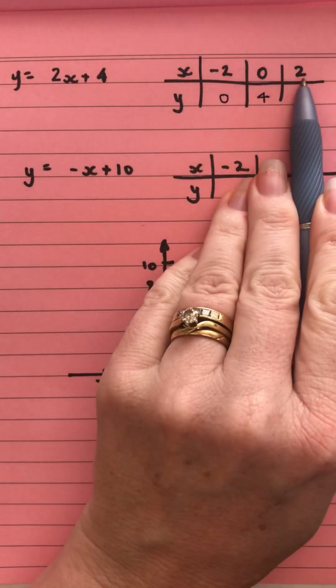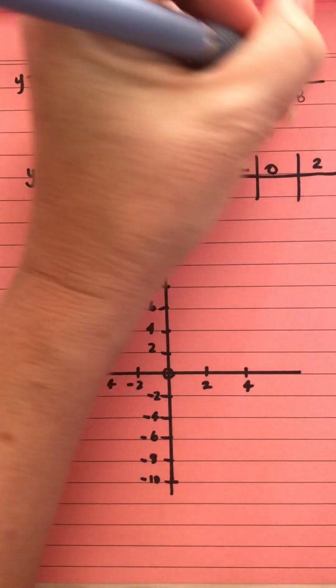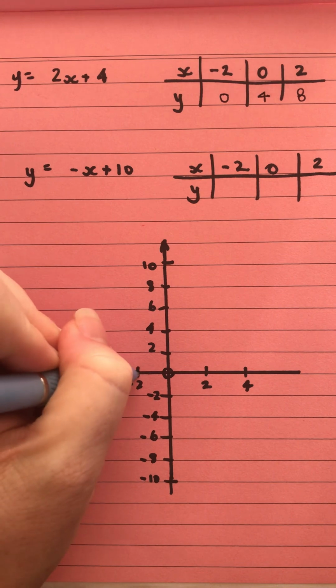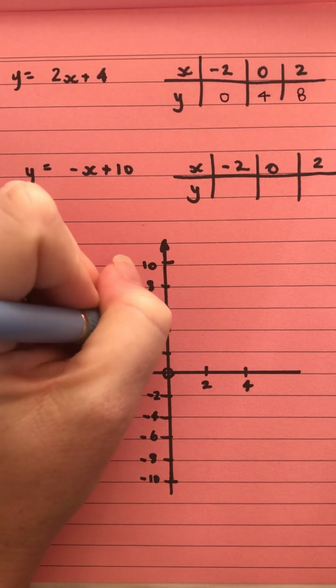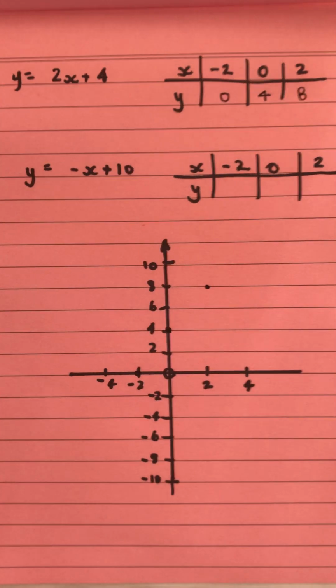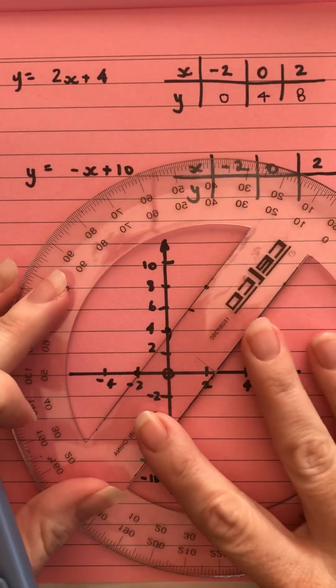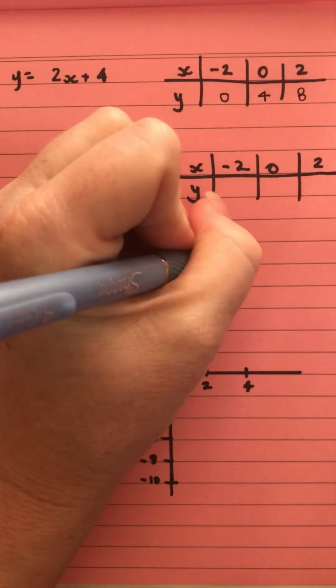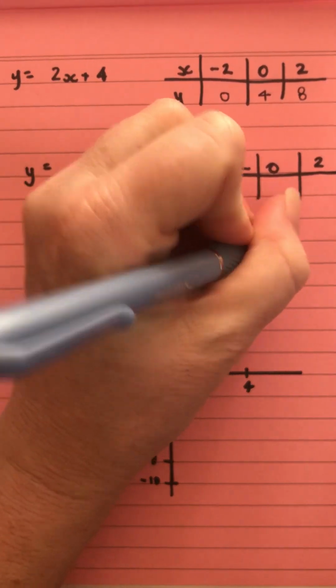And 2 times 2 is 4, plus 4 is 8. So that gives us some coordinates to graph there. So we've got negative 2, 0; 0, 4; and 2, 8. And we can join that with a nice straight line. And there's our first line, y equals 2x plus 4.